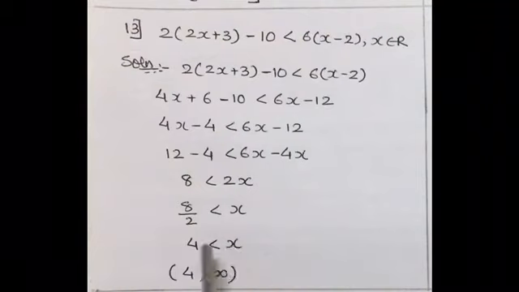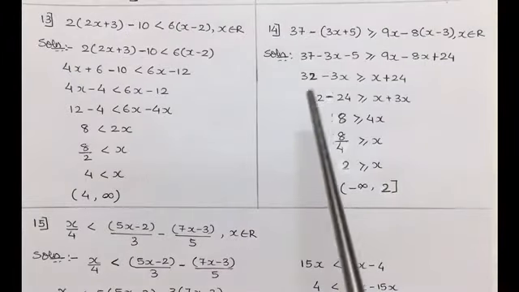If x is greater than 4, x takes all the values towards the right hand side of 4. Hence it lies in the open interval 4 to infinity. As the equality sign is not there, hence on both sides the interval will be open.